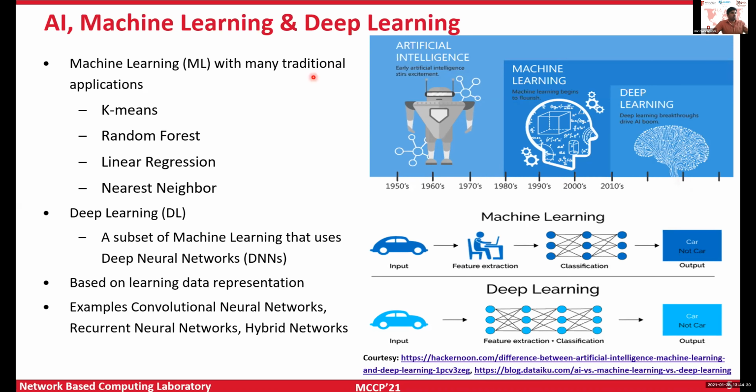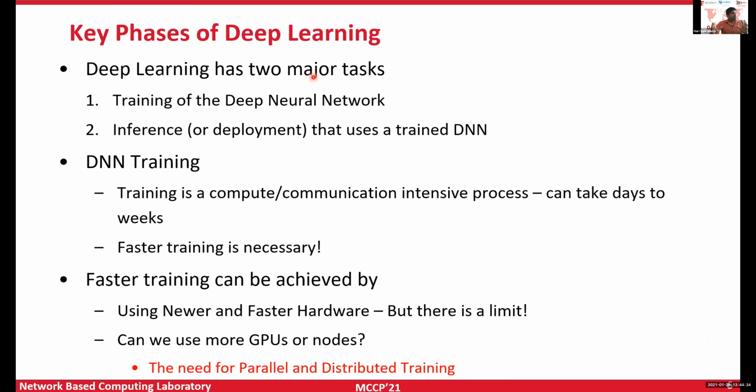If you look at deep learning, it has a couple of key phases. One is to train the actual neural network based on curated input data sets. Once it has been trained to, for instance, say that a cat is a cat or a dog is a dog, then comes using it.